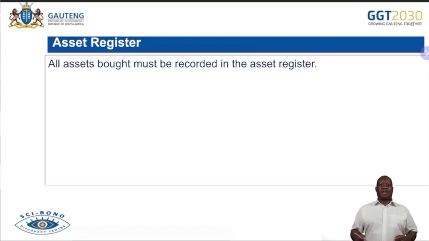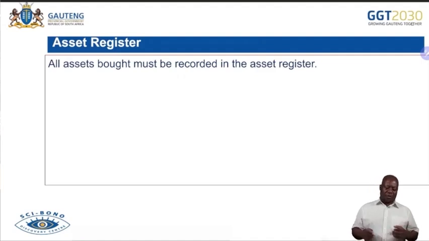So it means it's very important for us to be in a position to know the assets that the business has, how long they've been in the business, what their true value is today, how much value it has lost. Then we need a register in which we are going to be keeping all that very valuable and important information.